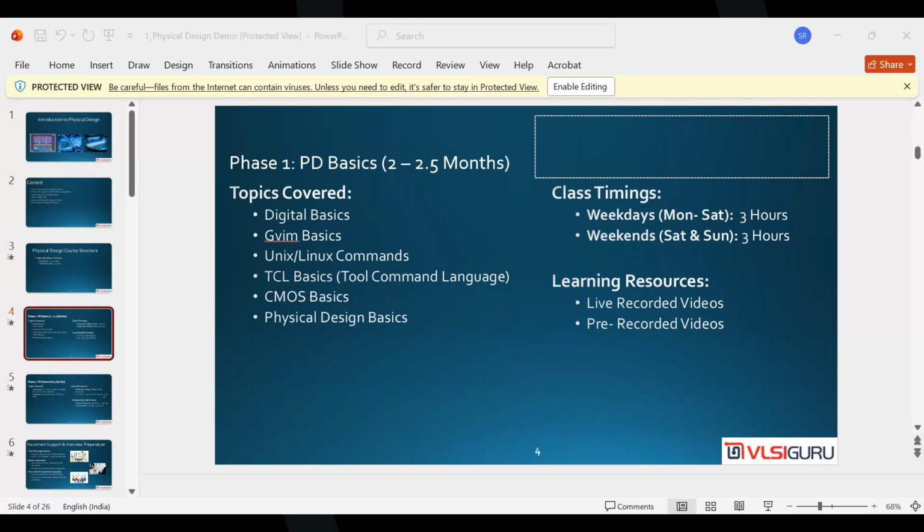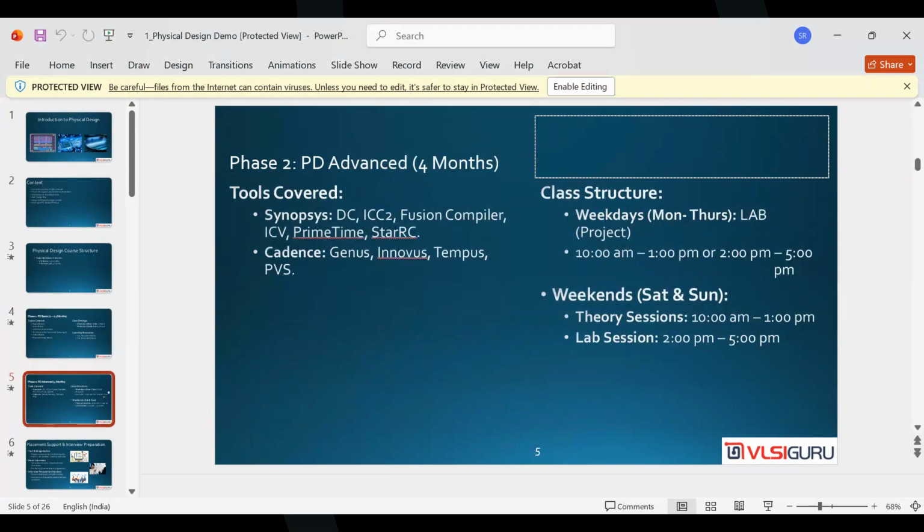Okay. So we got the responses. Now the next phase will be for 4 months, right? So these 4 months are completely dedicated to the physical design topic. Now, what is the benefit of attending the PD advanced session followed by the basic session?